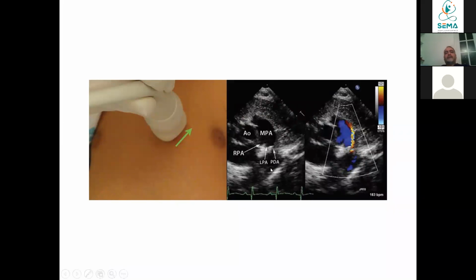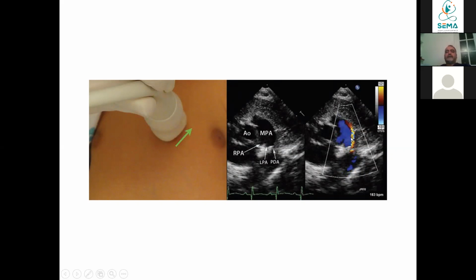Here is another view we call the ductal view. Just move the probe a little upper and rotate the probe until you see the ductal view.